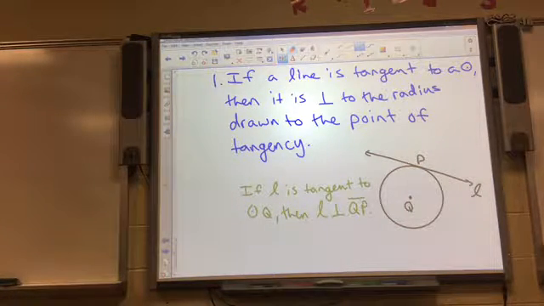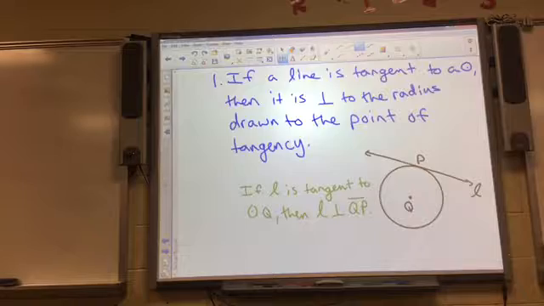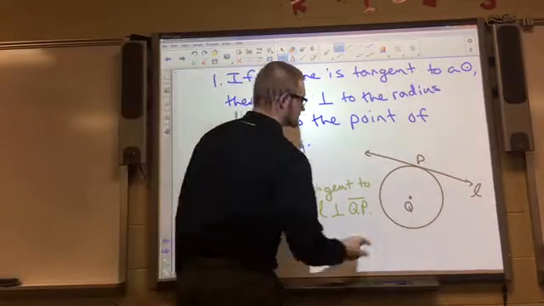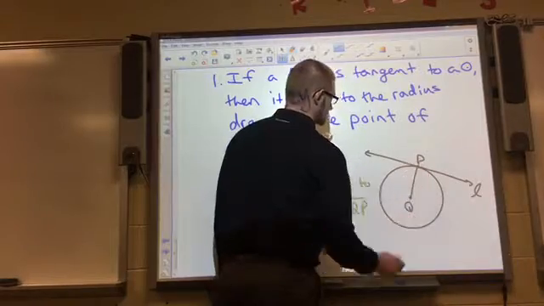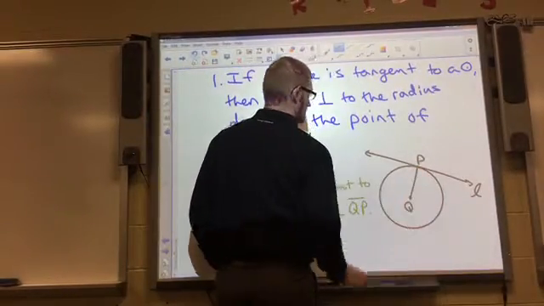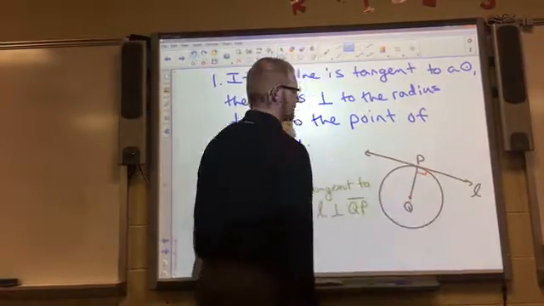Okay, and perpendicular means what? Yeah, it forms right angles. Okay. So, if I know something is tangent, then I know it forms a right angle with the radius, right? So this would be a right angle, right?